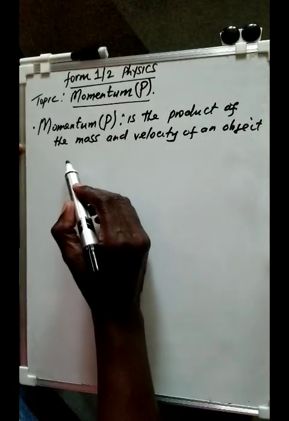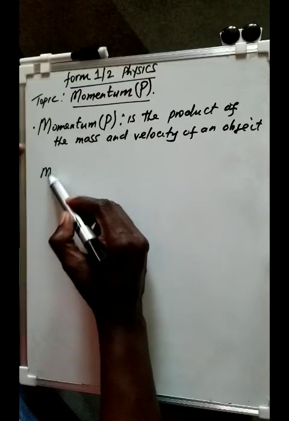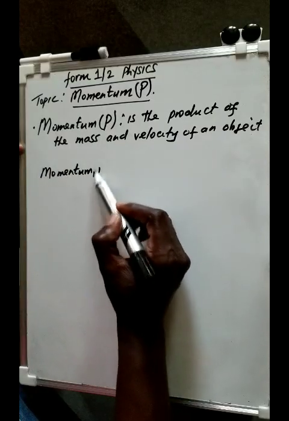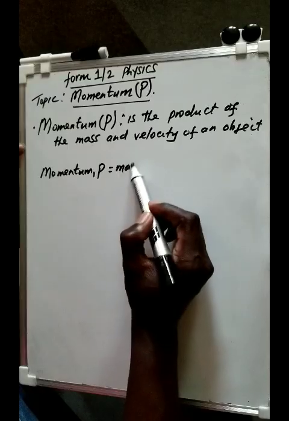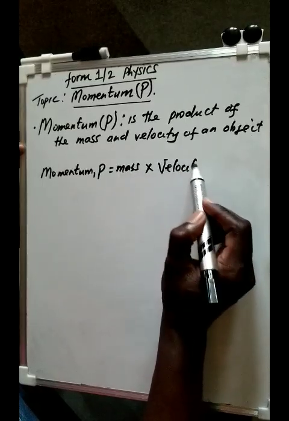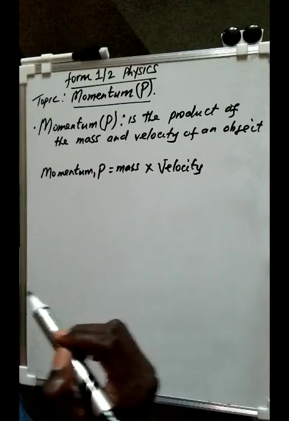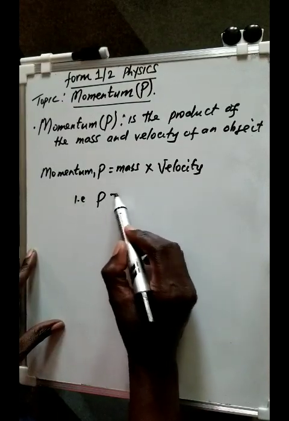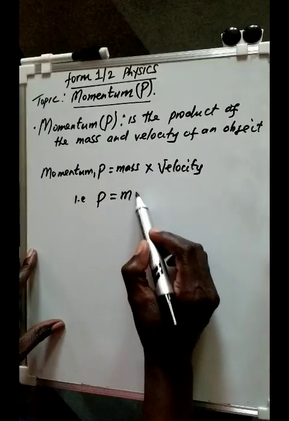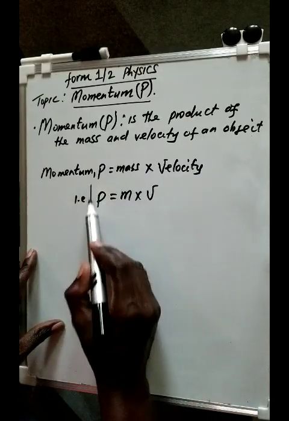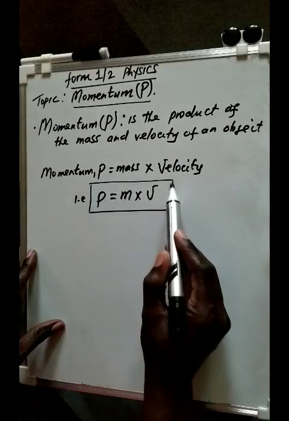So we can simply say that momentum P is equal to the mass multiplied by the velocity with which the object is moving. That is the formula that we use for momentum.